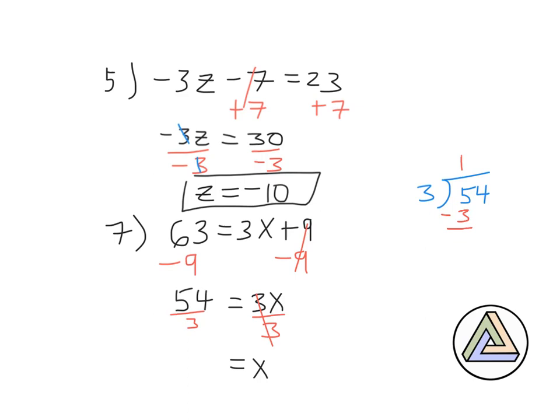So we're going to subtract that 3 from 5, and that gives us 2. You drop the 4 down, and then you ask yourself, 3 goes into 24 how many times? Well, obviously that's 8. So the answer is 18. 54 divided by 3 is 18. So we're going to put that there. Boom. That is that one.